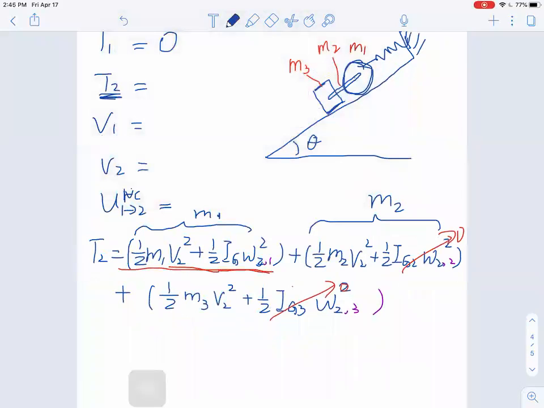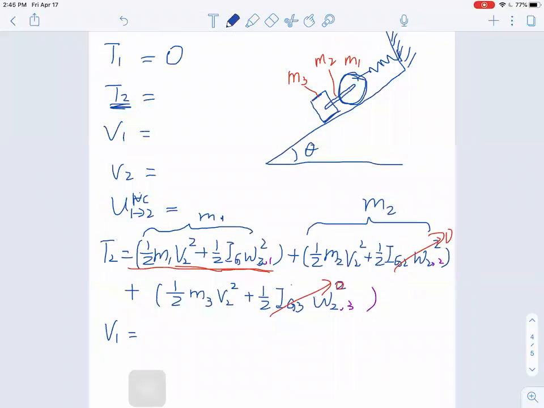And let's look at V1, V2. For V1, you have to identify where your datum is, where potential energy equals 0 for gravitation.